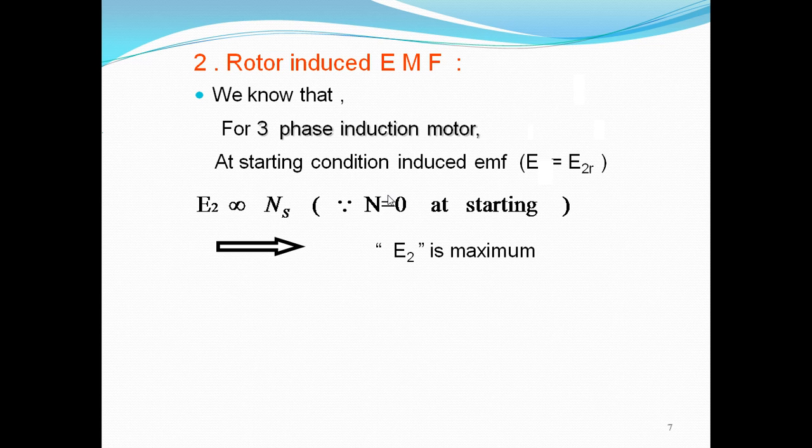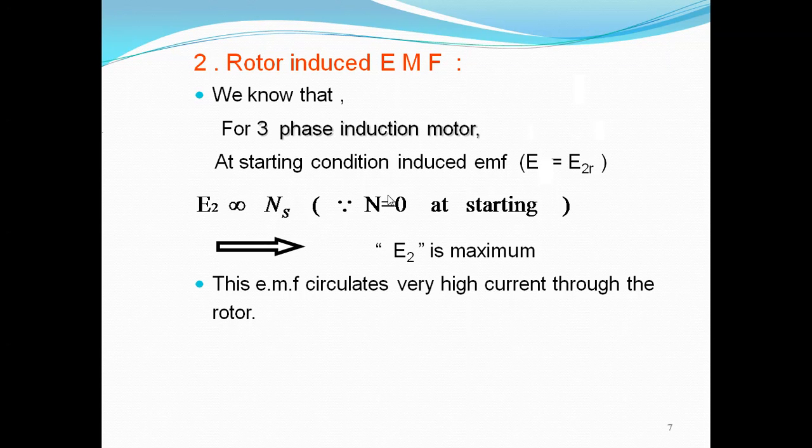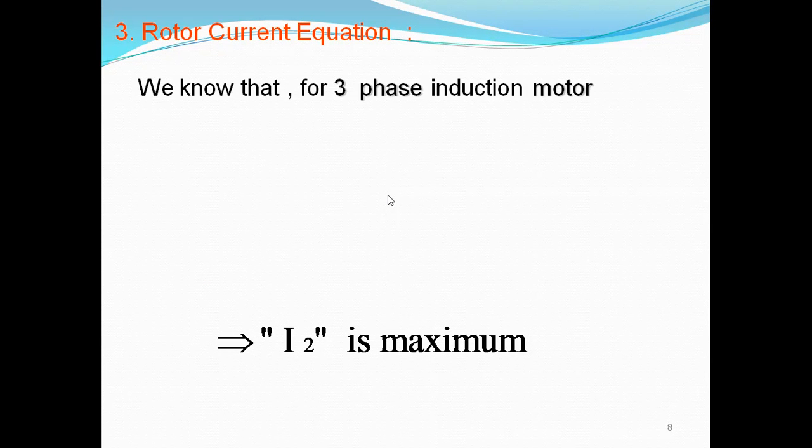When E2 is maximum, the EMF circulates very high current through the rotor, because at the time of starting, slip is maximum.